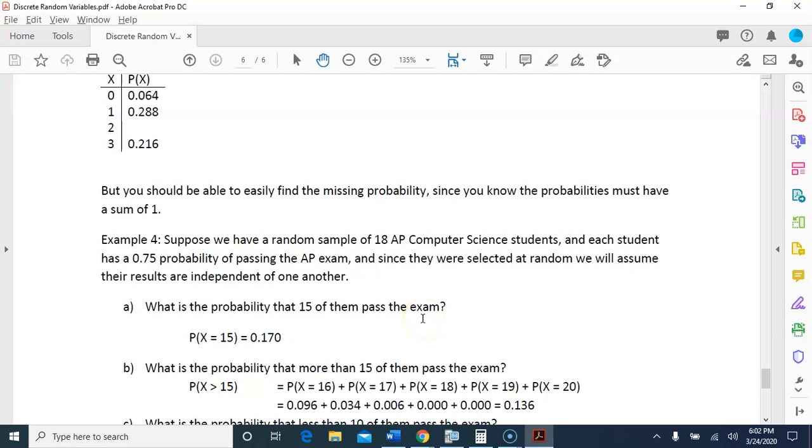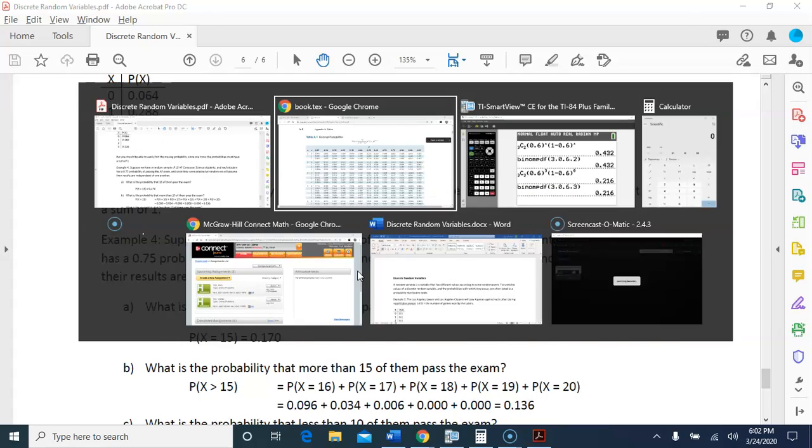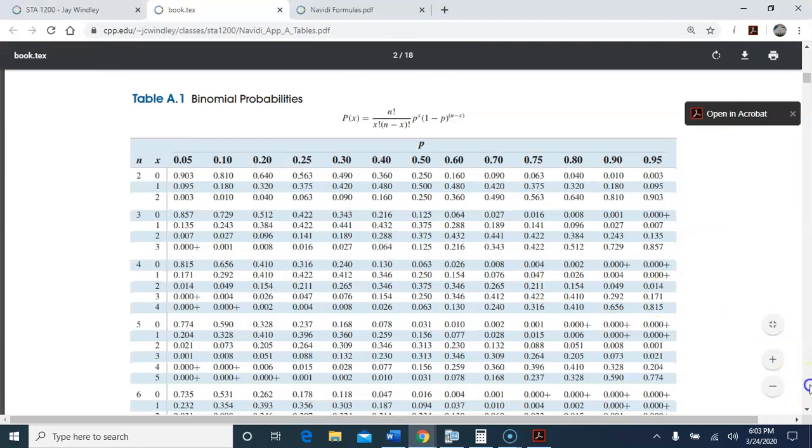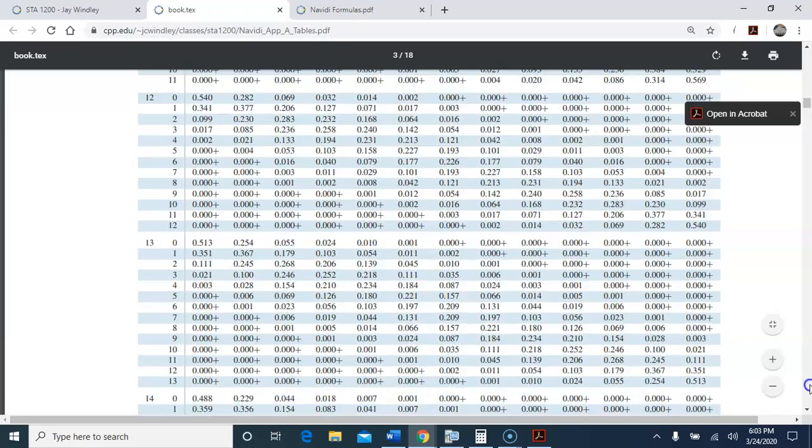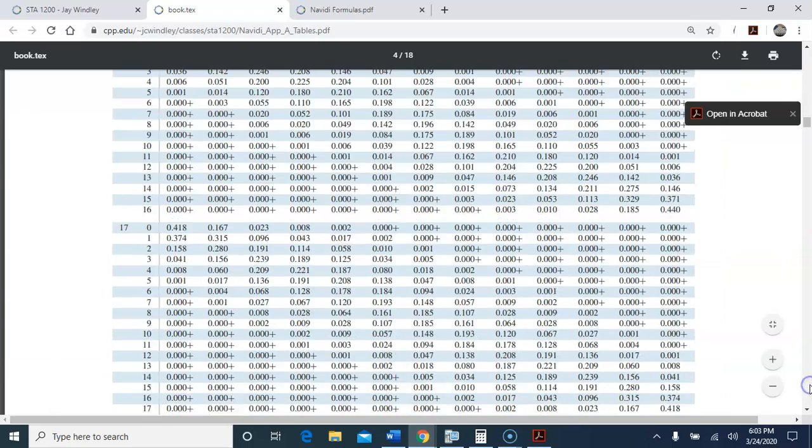Well, let's do this by the table first. We have 18 trials because there's 18 kids taking the exam, and the probability of success, the probability of passing the exam, is 0.75. So if we go over and find the right part of the table, gotta scroll down a little bit to find where n is 18 on this table.